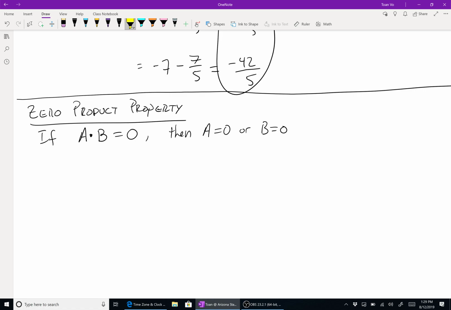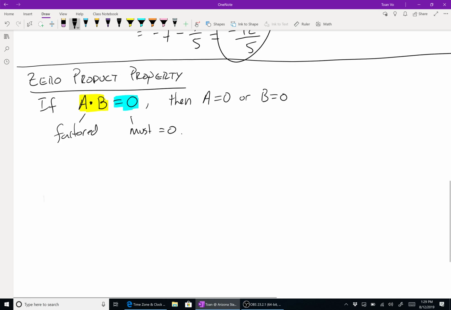But the important aspect of it, what does the zero product property require? It requires that your problem is a multiplication problem. In other words, it requires things to be factored. It also requires the equation to equal 0. Right. If your problem is not factored, if the equation does not equal 0, we cannot implement this idea.